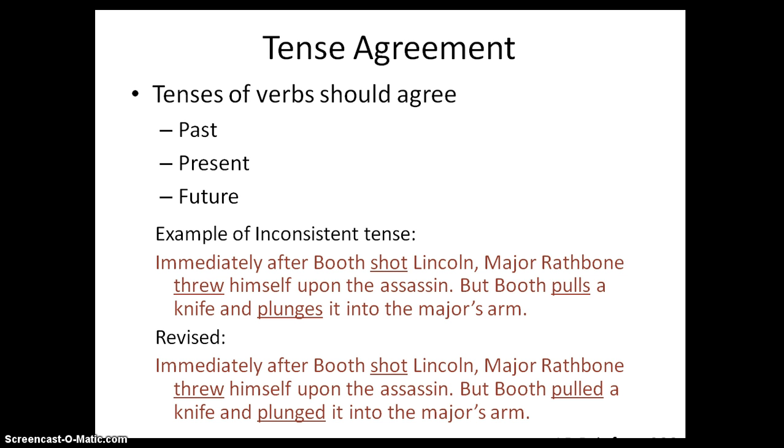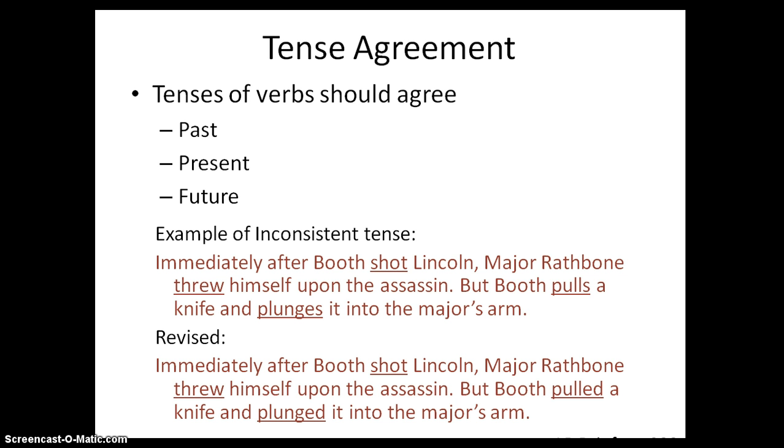Tense agreement. Tenses of verbs should agree as to past, present, or future. An example of an inconsistent tense would be: immediately after Booth shot Lincoln, Major Rathbone threw himself upon the assassin, but Booth pulls a knife and plunges it into the Major's arm.